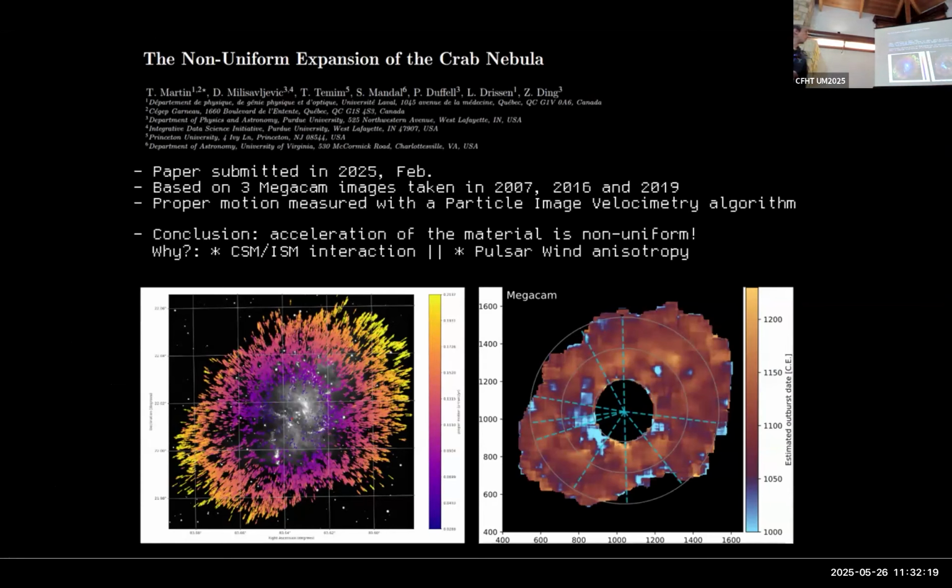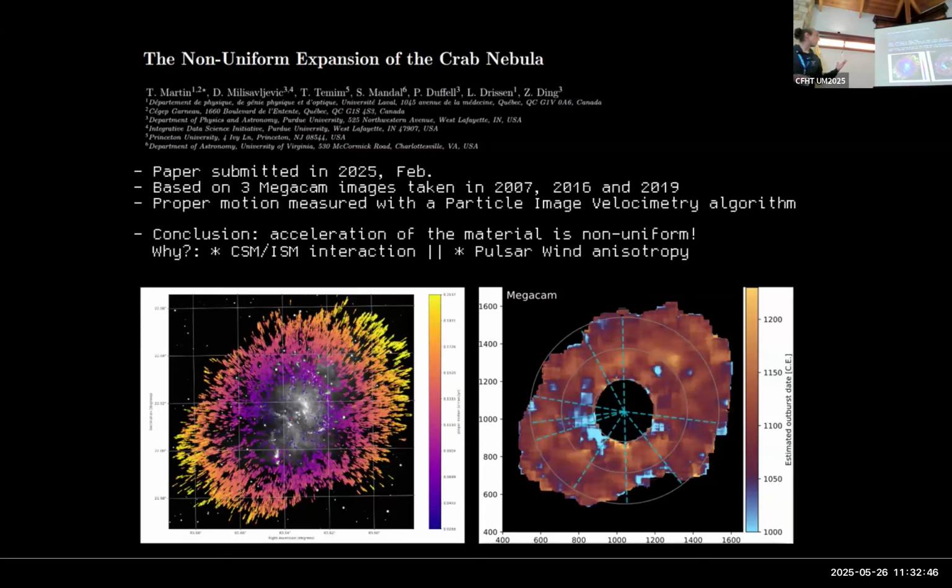And one interesting result was that we could see in blue on the right, this is an acceleration map, so this is the acceleration of the material, and we can see some blue decelerated parts in the remnant, which might pinpoint to the presence of circumstellar material.